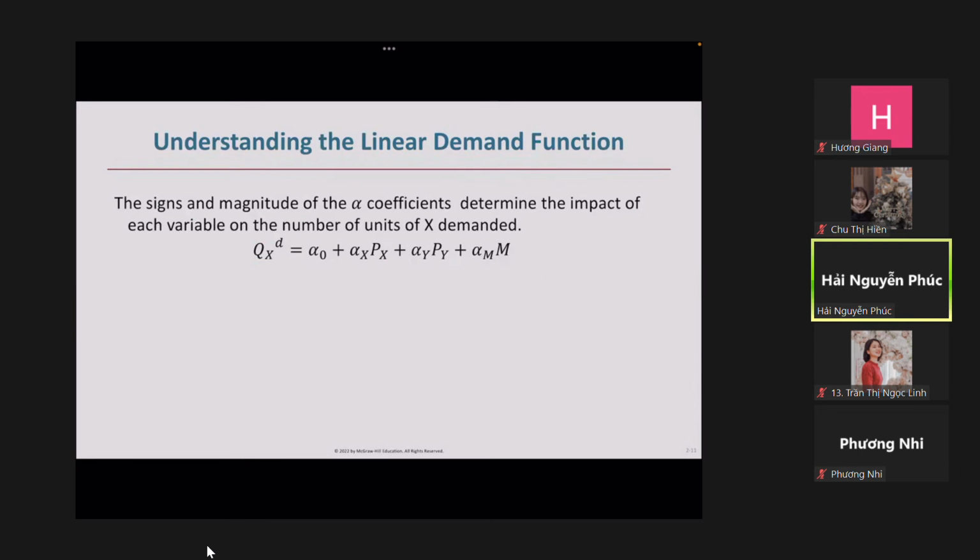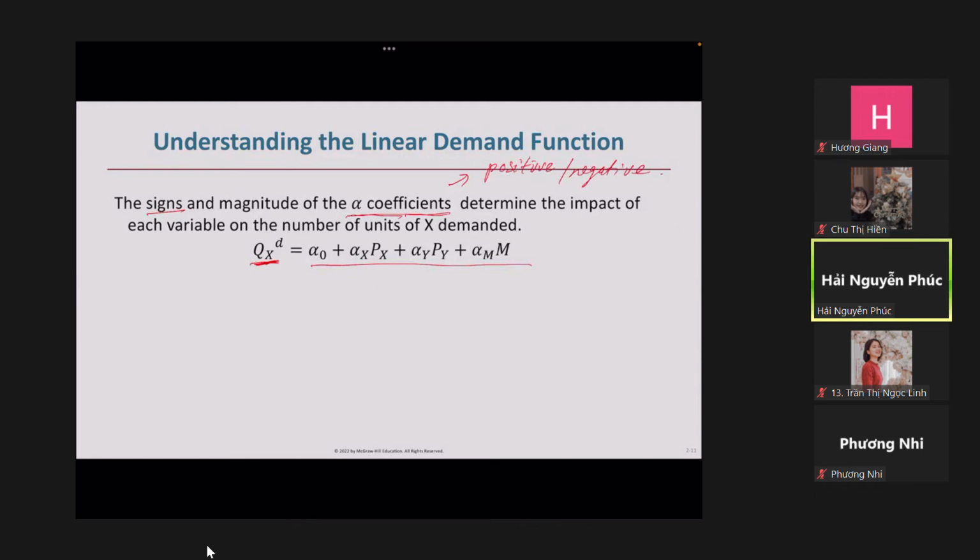Right? Here we are going to discuss the sign of the alpha coefficients. We want to answer the question: are the alpha coefficients positive or negative?